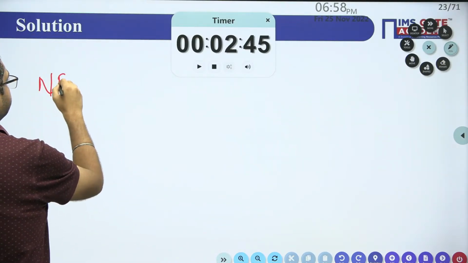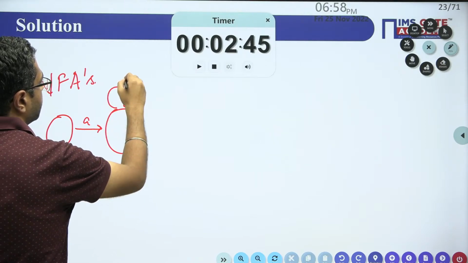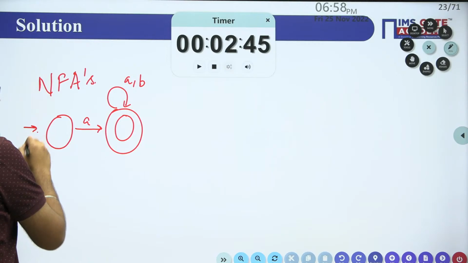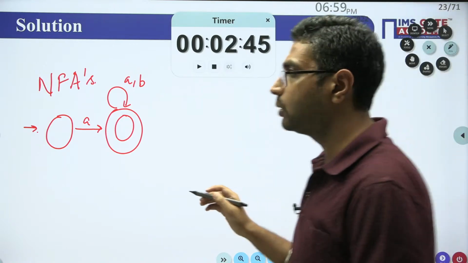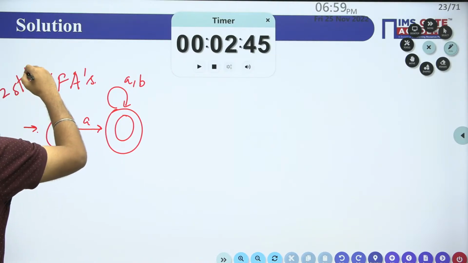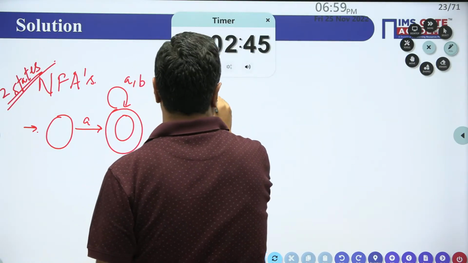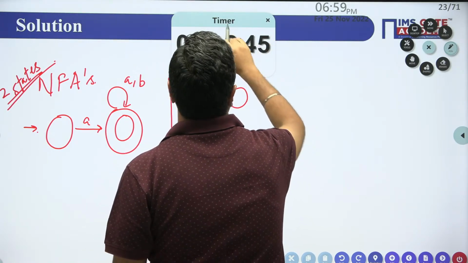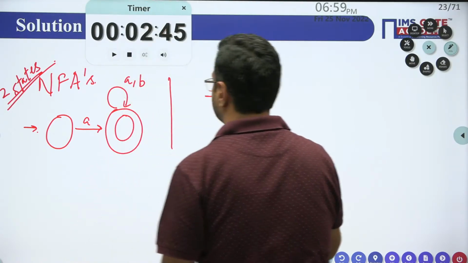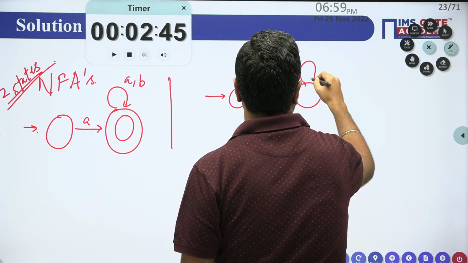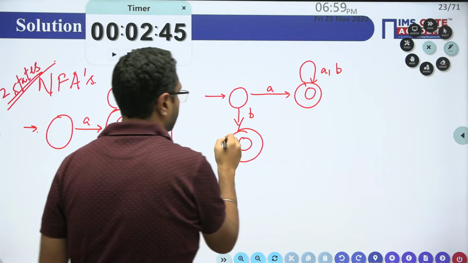When we draw an NFA for the string starting with an A, the NFA will look like this. This is the final state and this is the initial state. So this is the NFA for strings starting with an A, and we get 2 states in this NFA. And when I draw the DFA for the same, it will look like this: a, b and b, a, b.